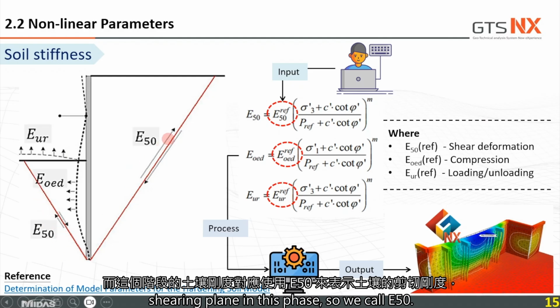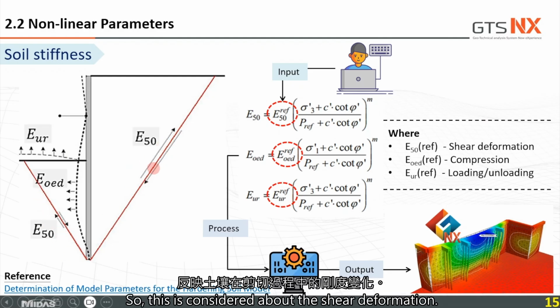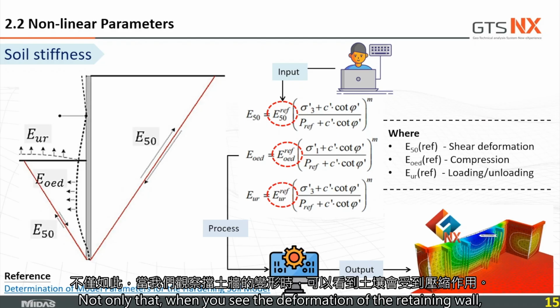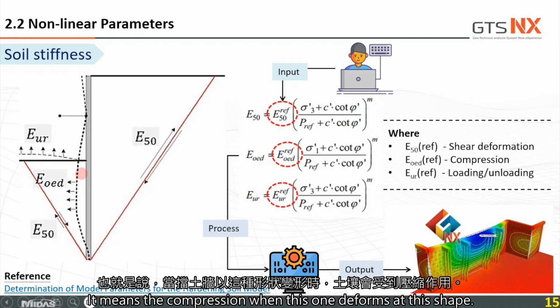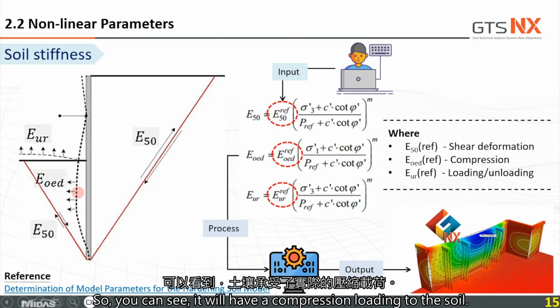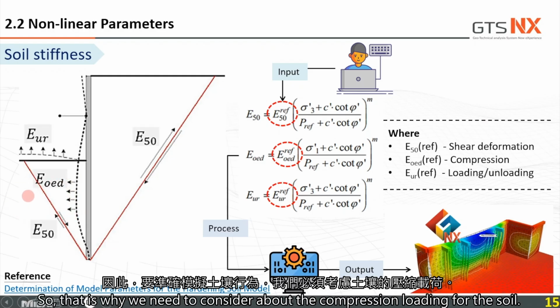So we call it E50. This considers the shear deformation. Not only that, when you see the deformation of the retaining wall, it will cause the EOED, which means compression. When the wall deforms in this shape, you can see it will put a compression loading on the soil.